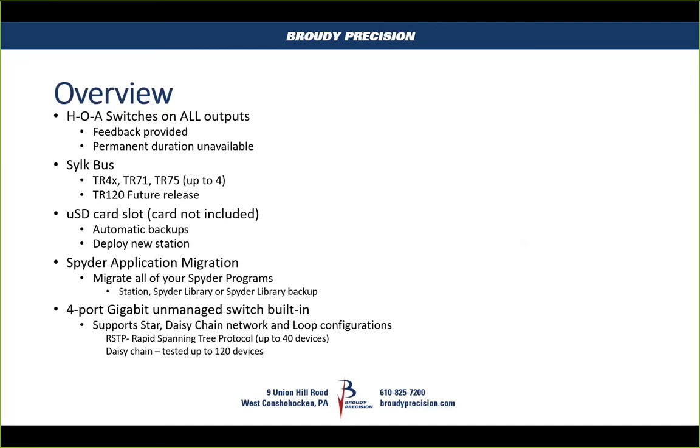Also built on the controller is a 4-port gigabit unmanaged switch. This switch supports star, daisy chain, and loop configurations. It follows and is a part of the rapid spanning tree protocol. And you can actually have a loop of up to 40 devices.